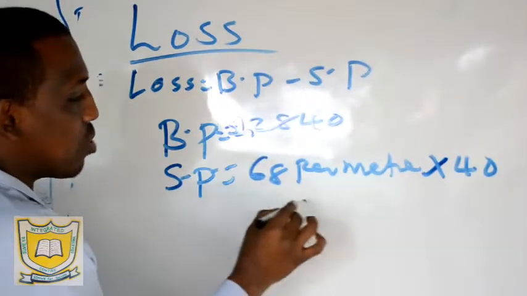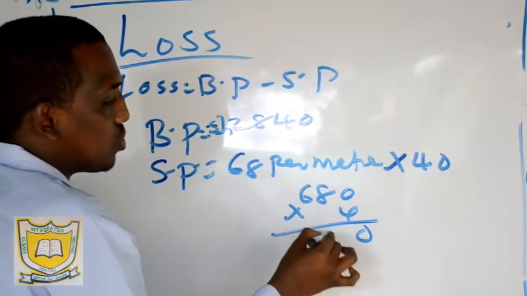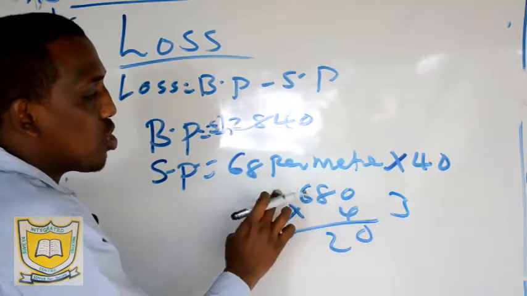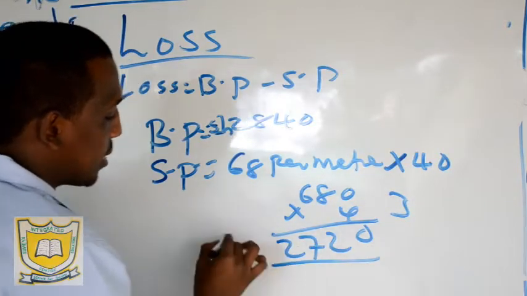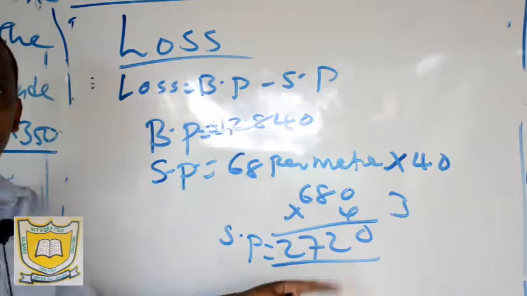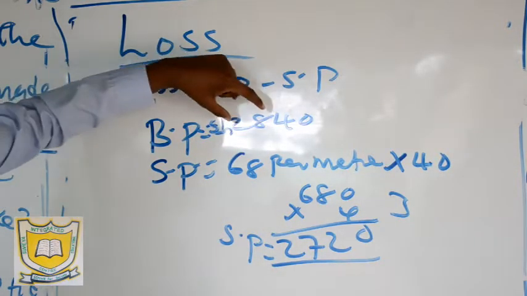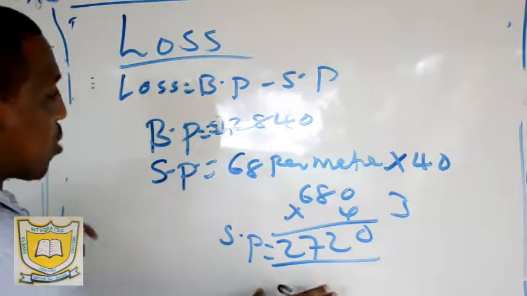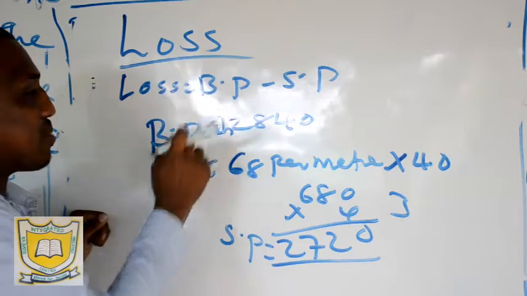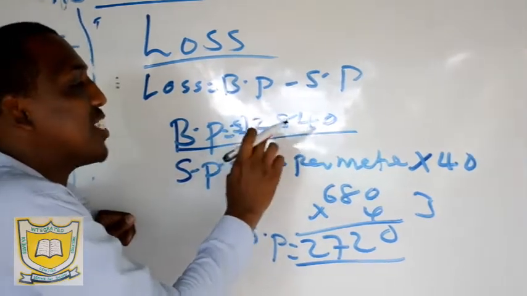So we multiply: 68 times 40. 0, 32 carry 3, 24, 24 plus 3 is 27. So the selling price is now 27.20. The question asks how much was the loss, and the buying price is 28.40. She bought 40 meters at 28.40.